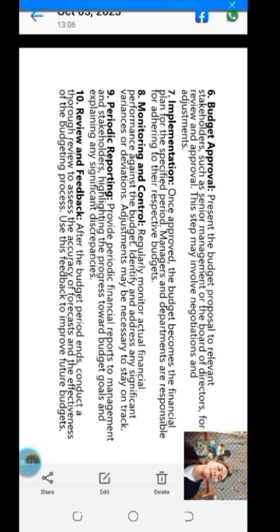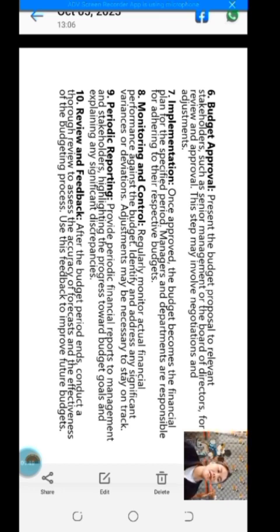After the budget approval, once the senior management or the board of directors approves, the budget becomes the financial plan for the specified period. So once it is approved, it means what you want is implemented and becomes the financial plan.